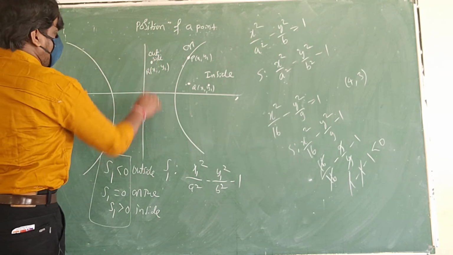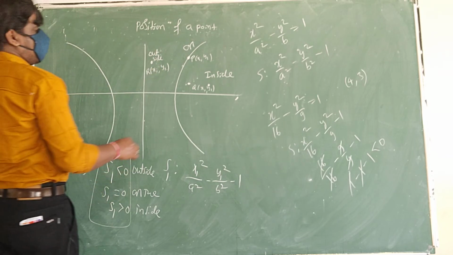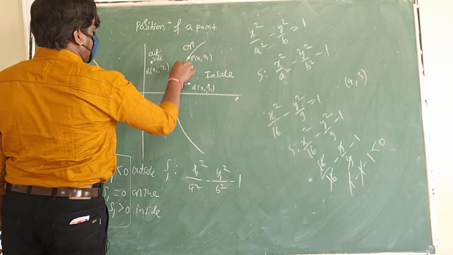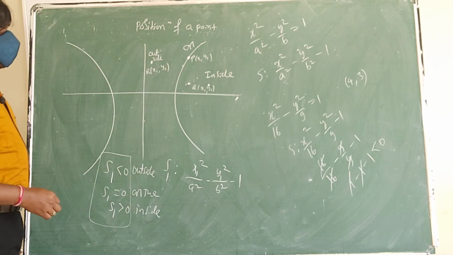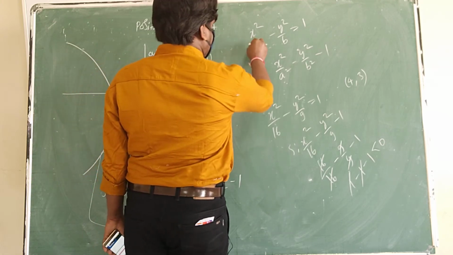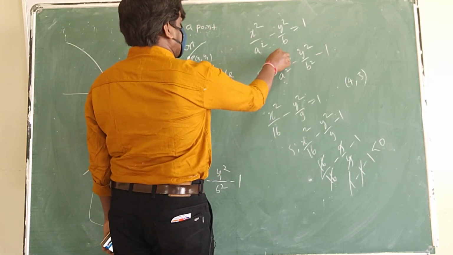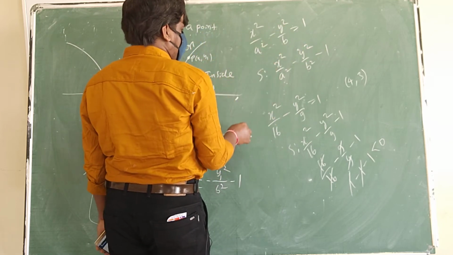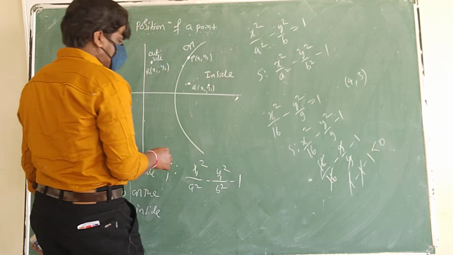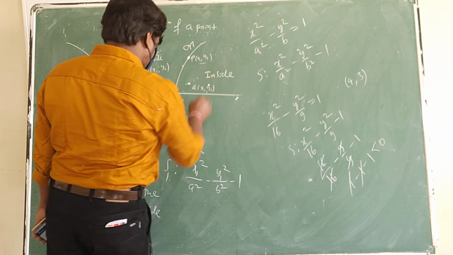This is the hyperbola. So a point is on the hyperbola, inside the hyperbola, or outside the hyperbola. So this is a hyperbola equation. So S I can write as x square by a square minus y square by b square minus 1. And here we will substitute x1, y1, any point, in this.